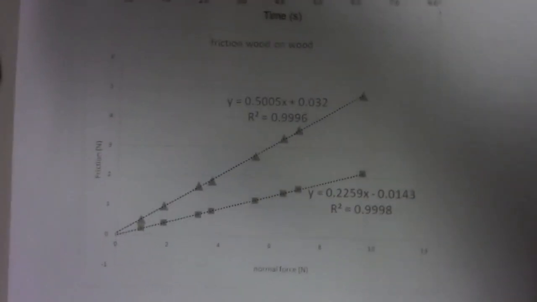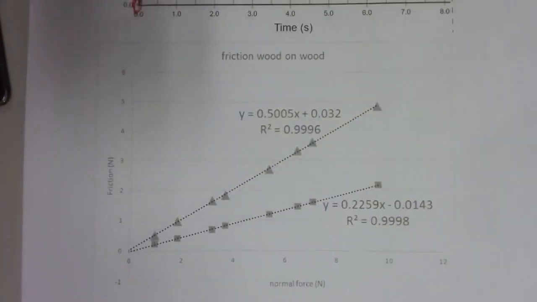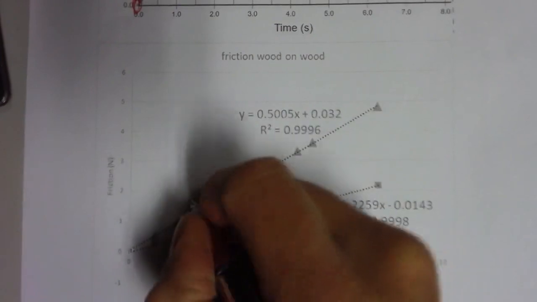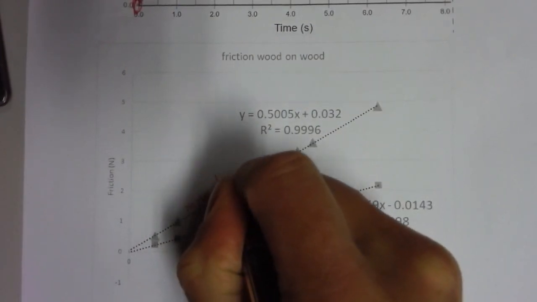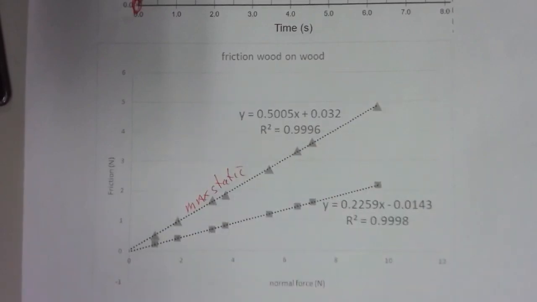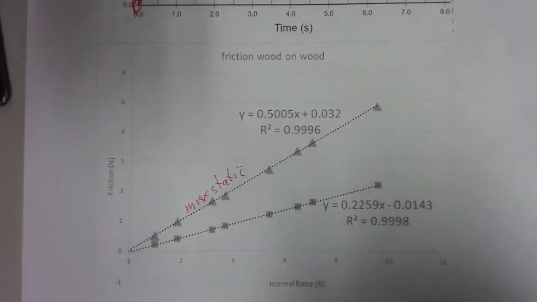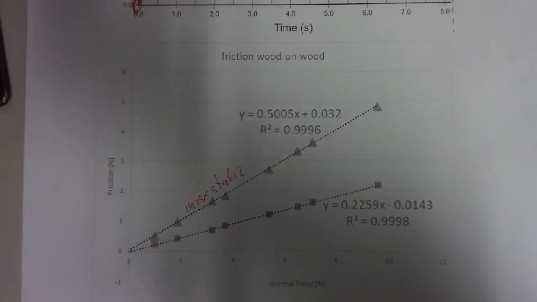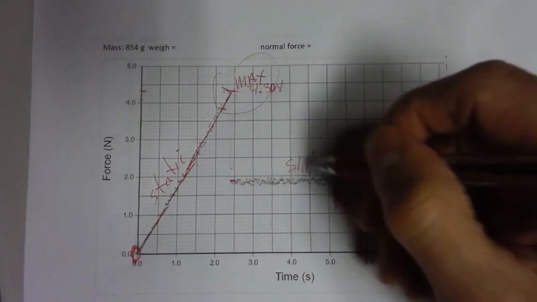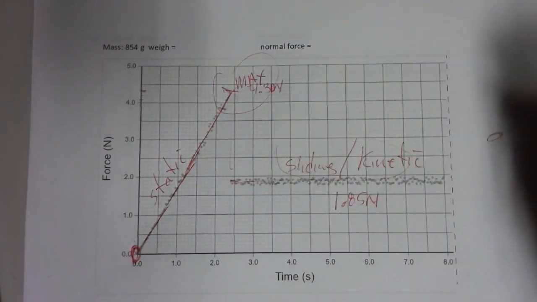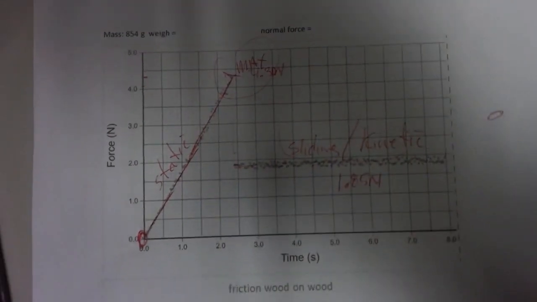Then we got graphs like this. Now, I did this one a little different than what you would have got, but it's the same idea. This is the max static graph. The maximum static friction for all the materials and all the experiments is always bigger than the kinetic. Maximum static is always bigger.